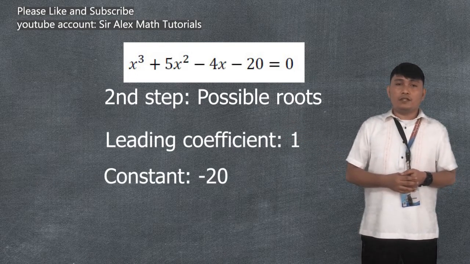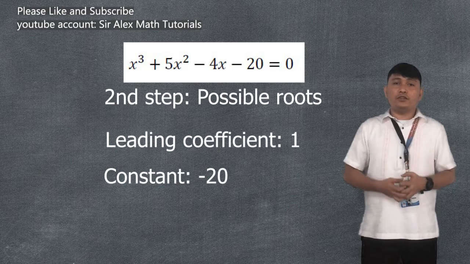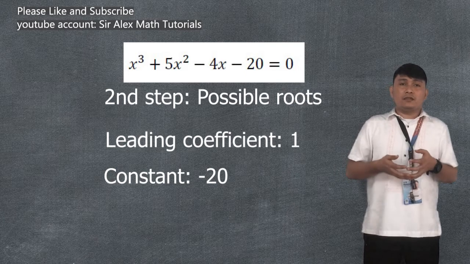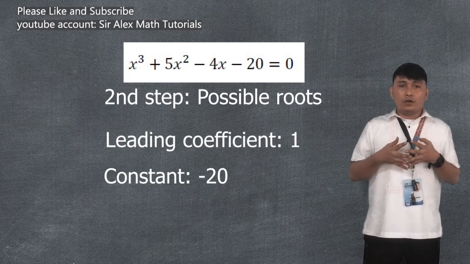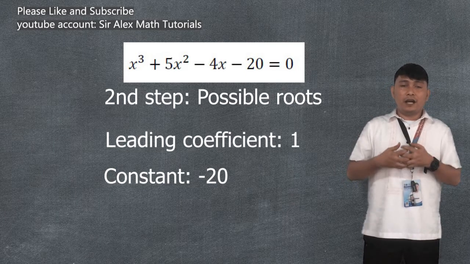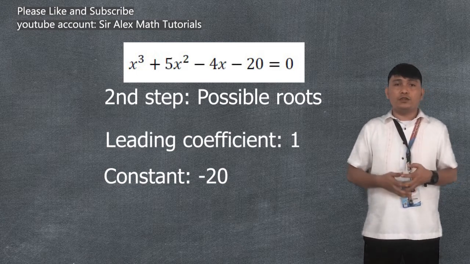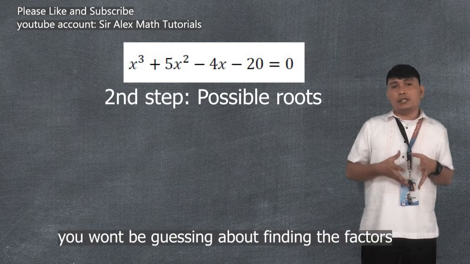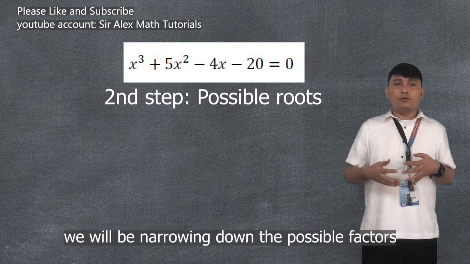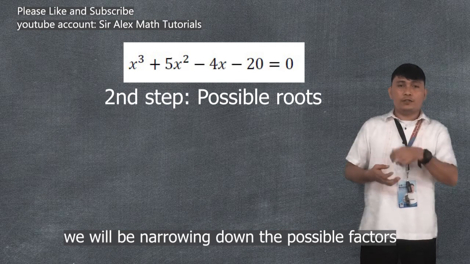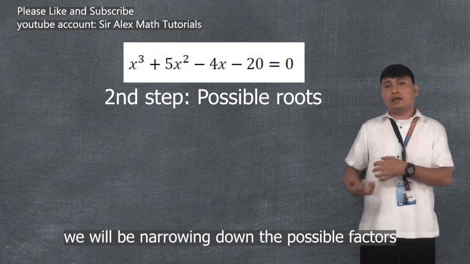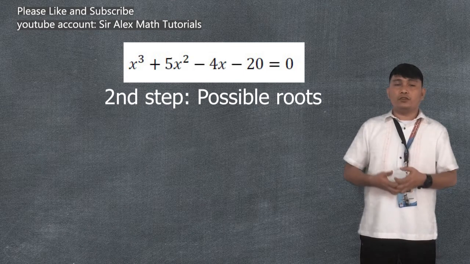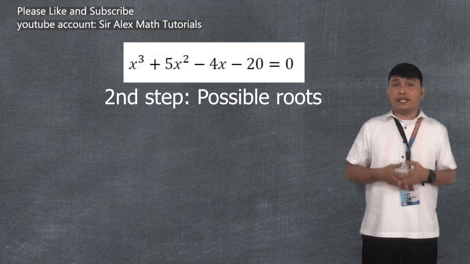So for our constant, we will only be thinking of the factors of our constant. Now, this is the brilliance of the possible roots. We will be narrowing down the possible factors of this polynomial equation by starting with the factors of our constant, which is negative 20.